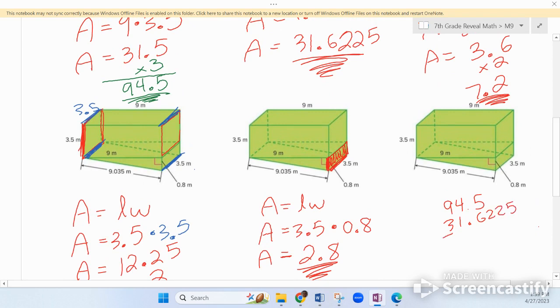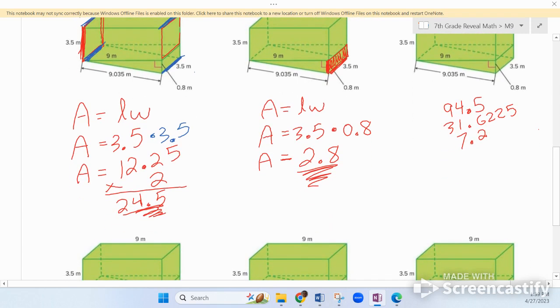And plus, I got to line up my decimal points when I'm writing these down. And 24.5 and 2.8. And we're going to add those up. And then you're going to raise your hand once you get them all. You're going to share the answer with all of us.